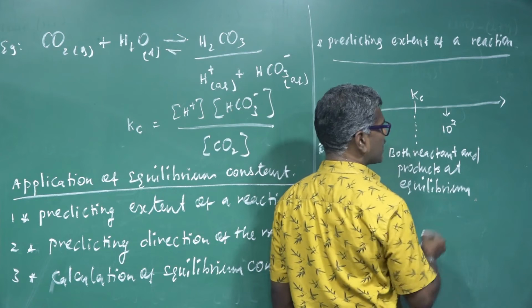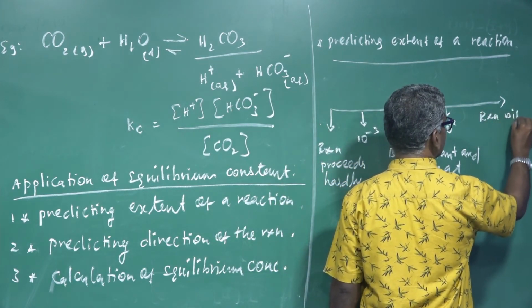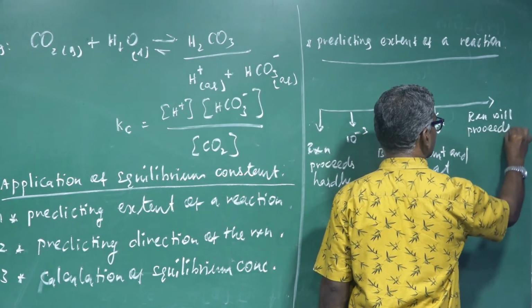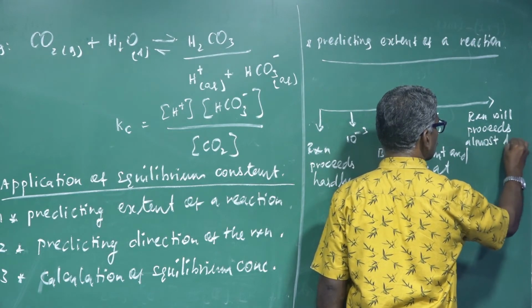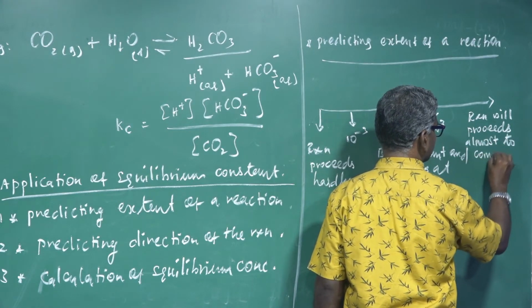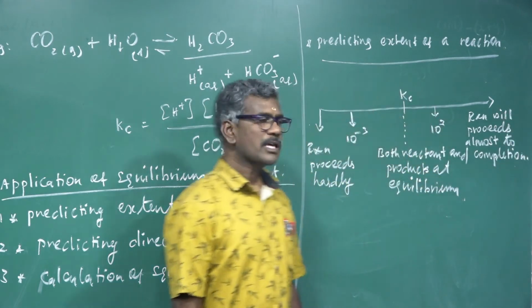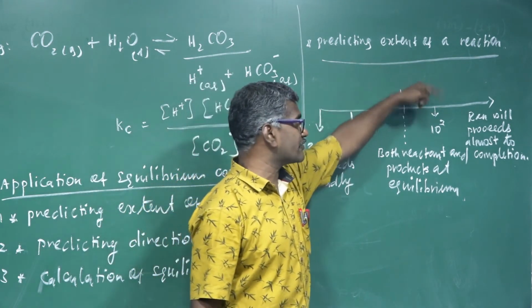Here 10 power plus 3, the reaction proceeds almost to completion. These are called prediction of the extent of the reaction.